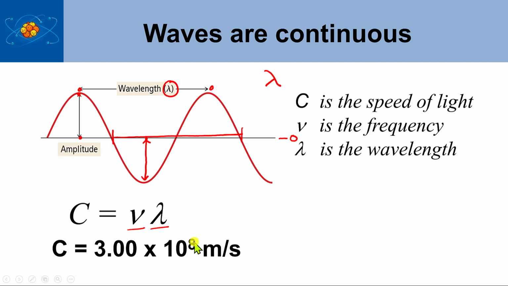Okay, so nu, frequency, has units of per second. 1 over s. And it's also abbreviated as hertz. A hertz is named after a German scientist. Abbreviated Hz, it is per second.